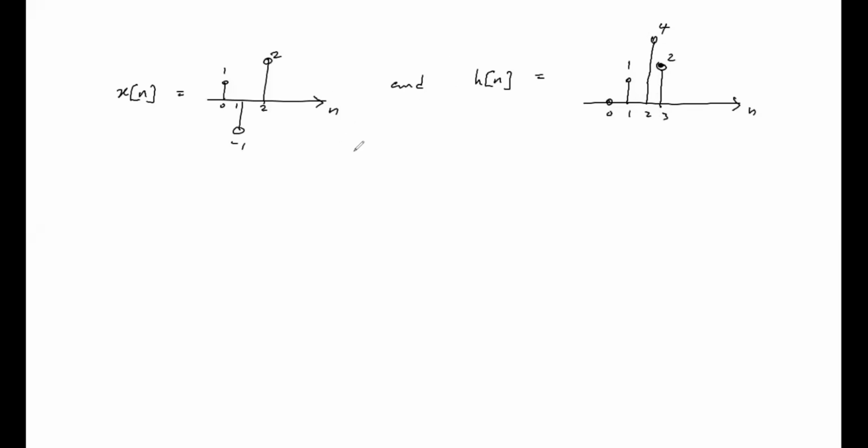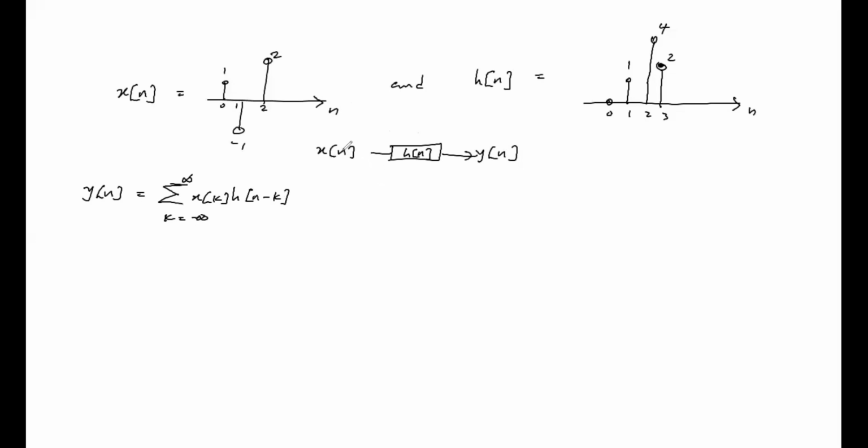So if we assume this is a system of this type, s of n, fed into the system, and then we have our output, then we want to resolve this. So we know that the convolution is given by y of n being the sum, k from negative infinity to positive infinity, s of k, h of n minus k, okay?